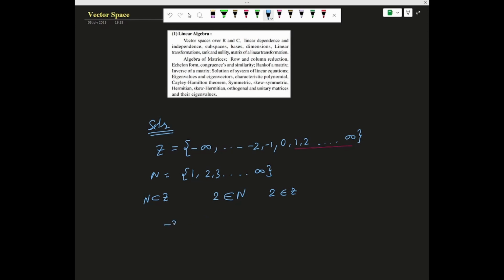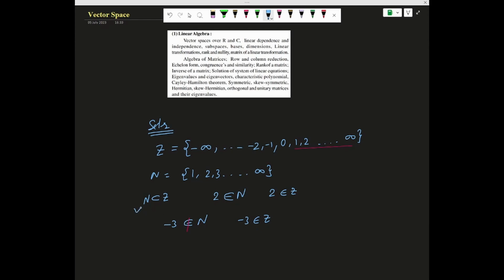Think about -3. Can we say it belongs to N, the set of natural numbers? Definitely no, because a natural number cannot be negative. But for sure we can say -3 is there in Z.